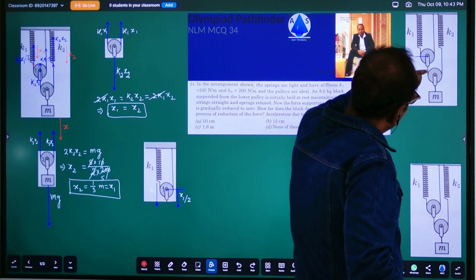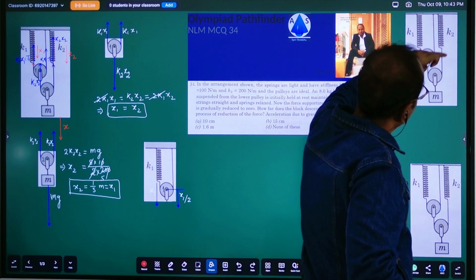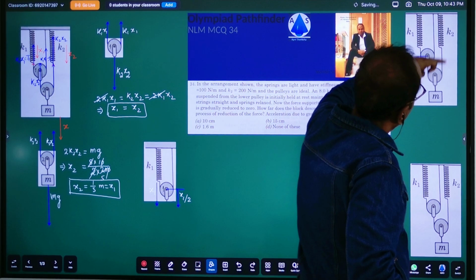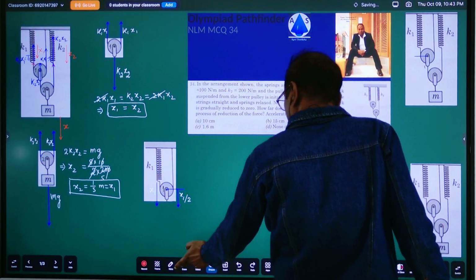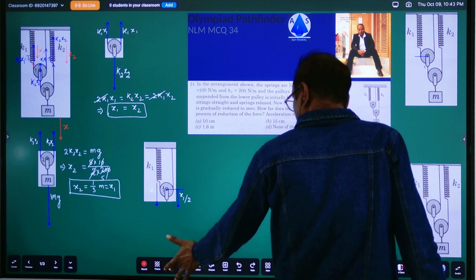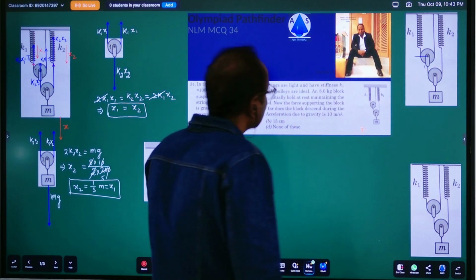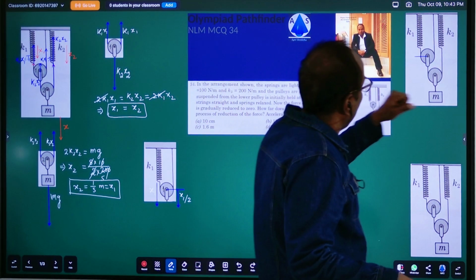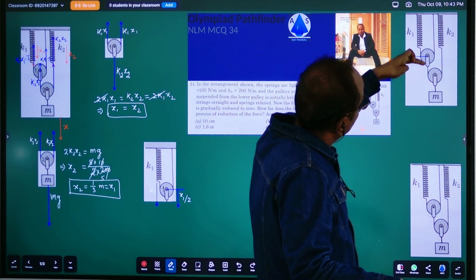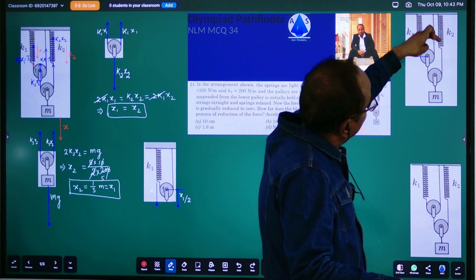So how much slack will it create on this thread, assuming that it was a complete thread from here to here? Since it has come down by x1 by 2, the slack will be x1 by 2 in this thread.